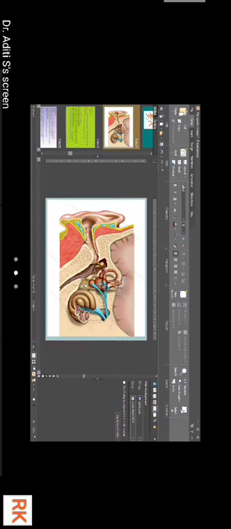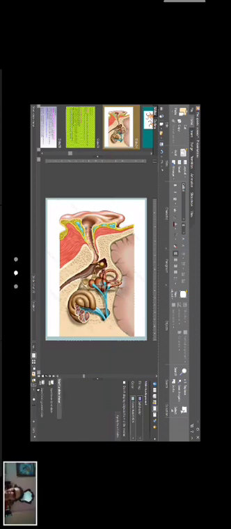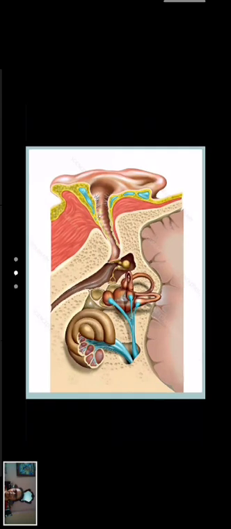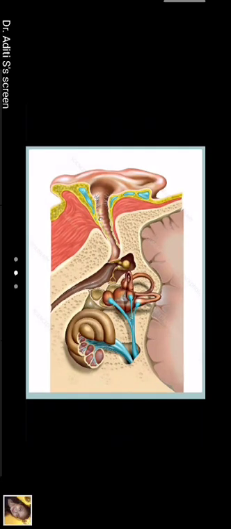Ma'am, ceruminous glands and sebaceous glands. The ceruminous gland's secretion is the cerumen. So ear wax is made up of cerumen.